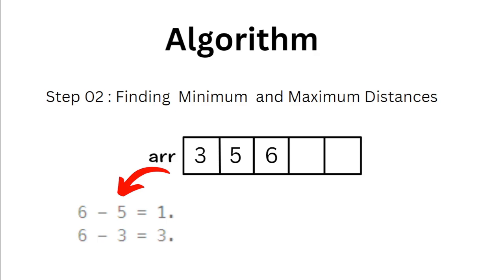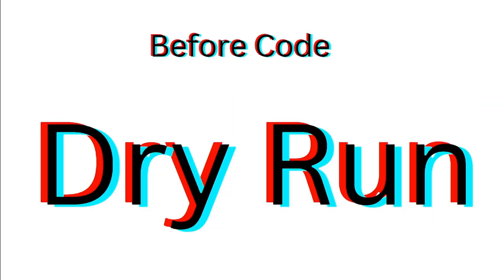You might think it comes under n square complexity, but at last I'll explain it in big O of n complexity. There is a tricky part in it. I'll explain this step 2 further in the upcoming seconds. Before I show my code, I show my dry run so that you can write the algorithm by yourself.